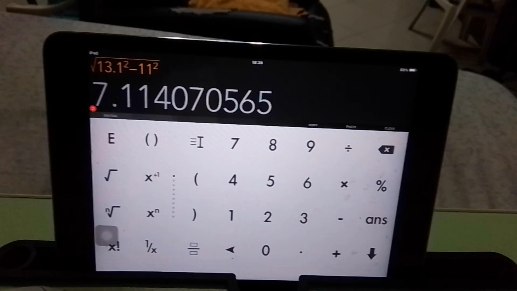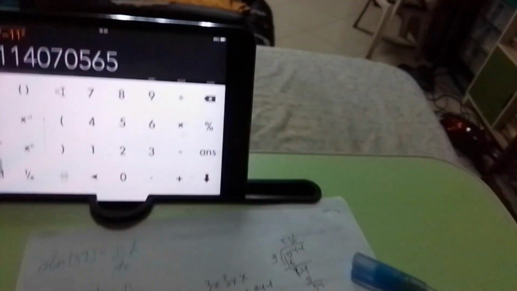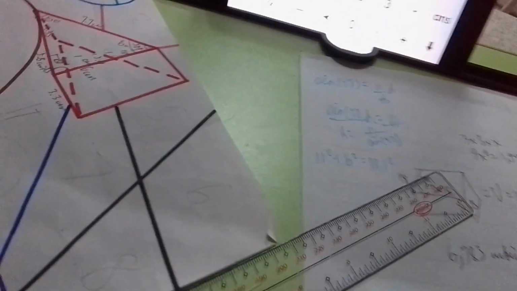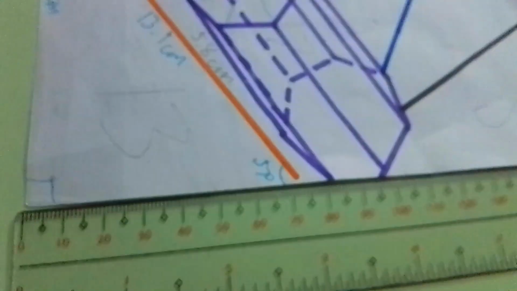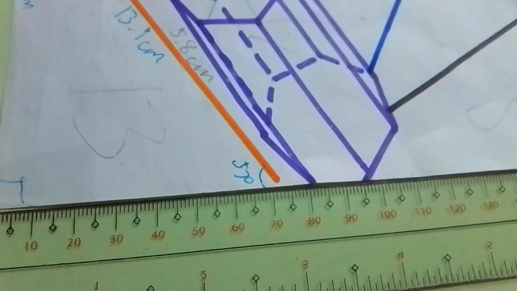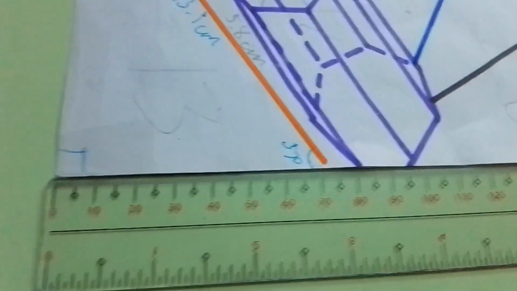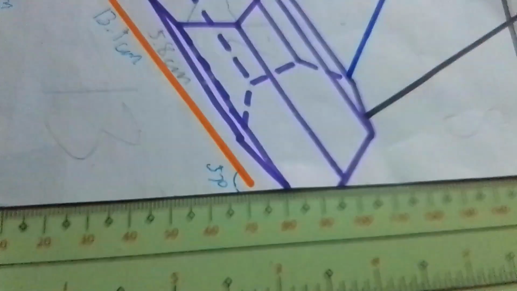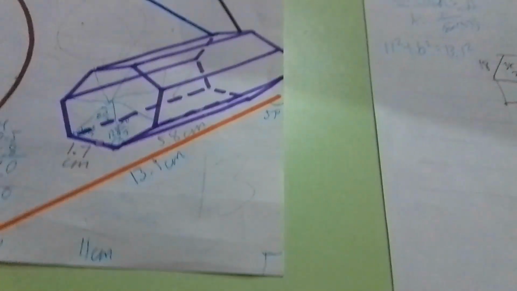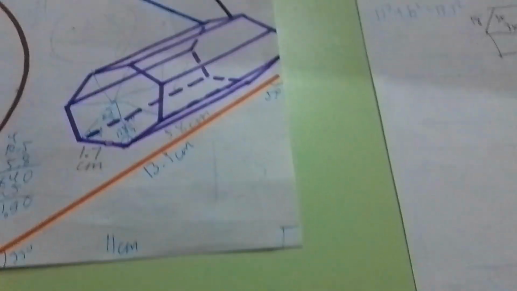It becomes 7.11. Therefore, the height measures 7.1. Let's see. Yes, correct, 7.1.